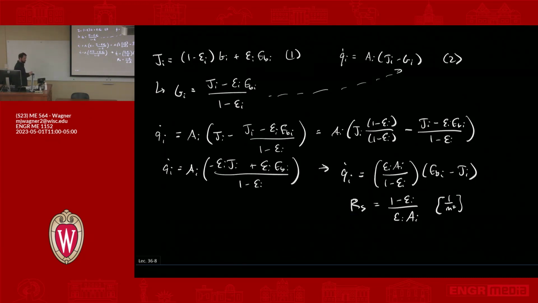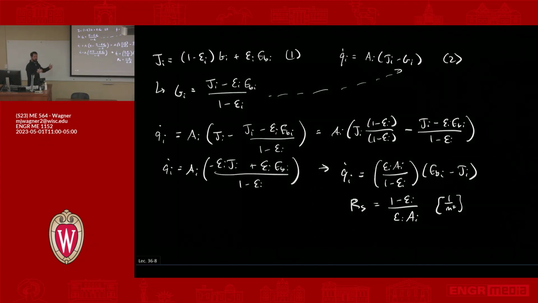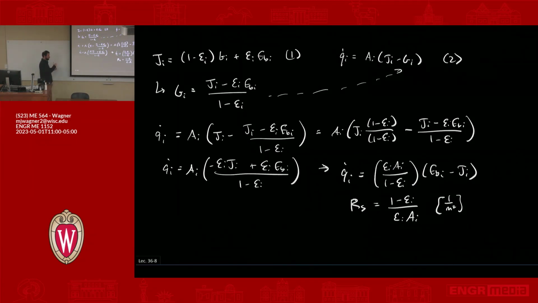So we now have 3 classifications of resistances: one that has to do with Fourier's law, and 2 that have to do with radiation. The first in radiation is our geometric resistance, how hard it is to get from a surface through space to another surface. The surface resistance has to do with how hard it is to get from my black body power to the actual emitted power, and it's purely a function of the emissivity of that surface.